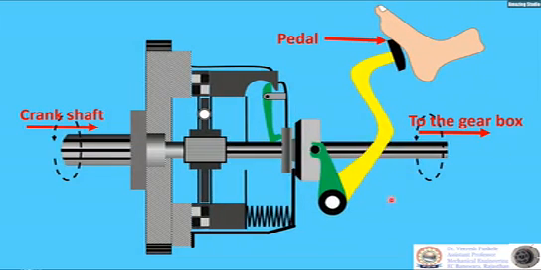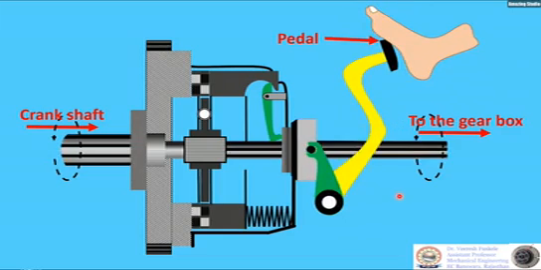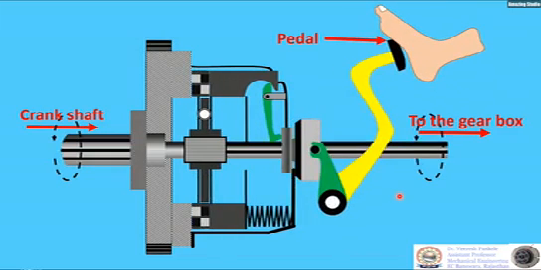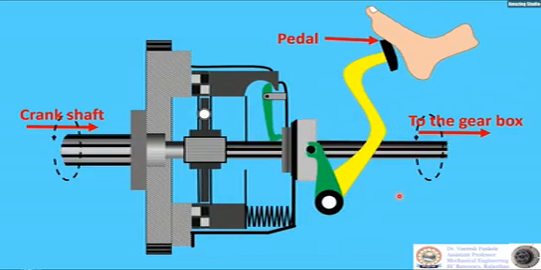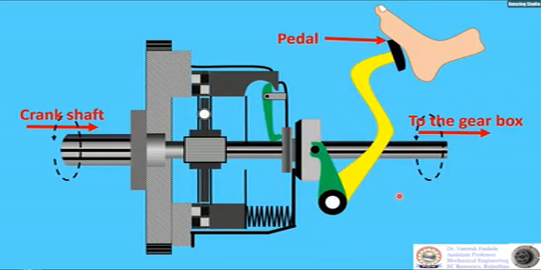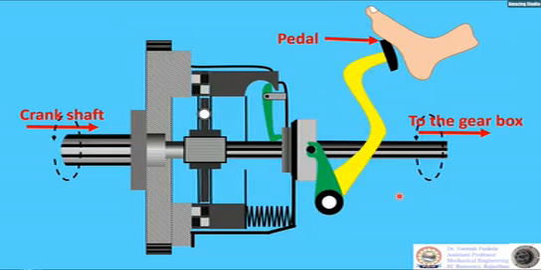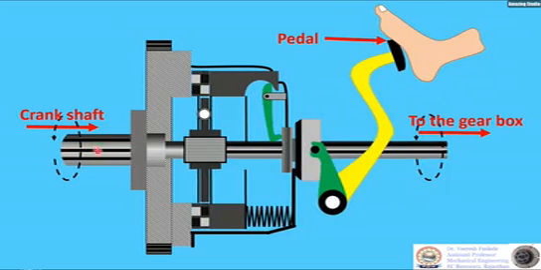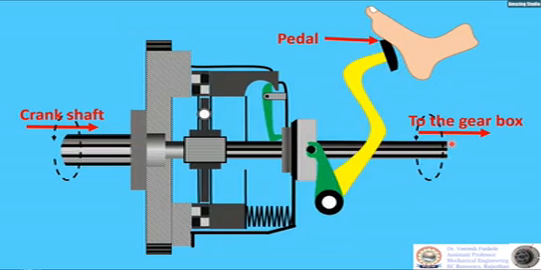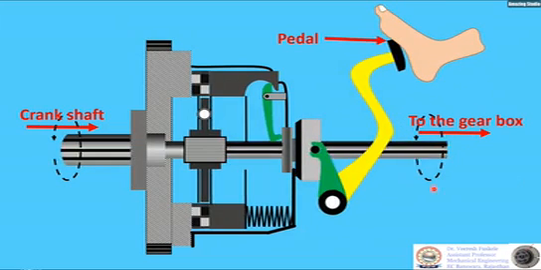But essentially there is a slip between them, and as time progresses the slip is overcome, and essentially the engine output shaft and the gearbox input shaft start rotating as one after some time.